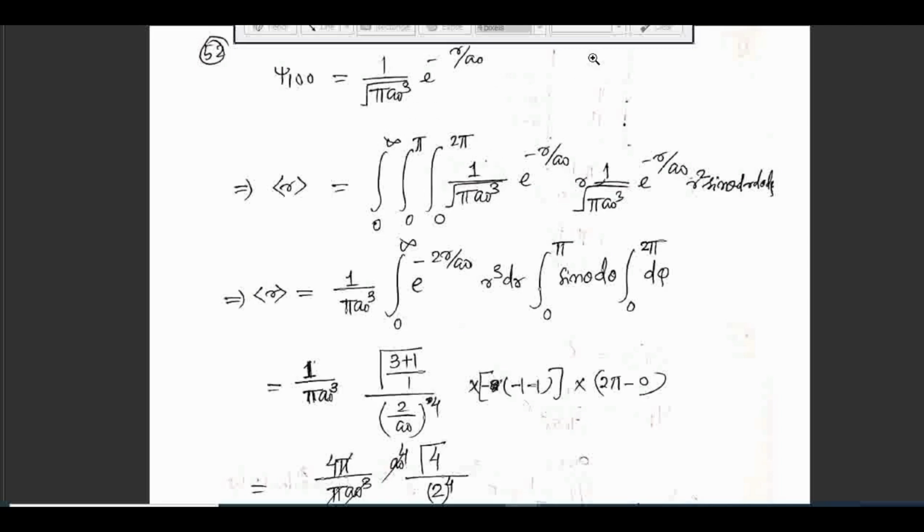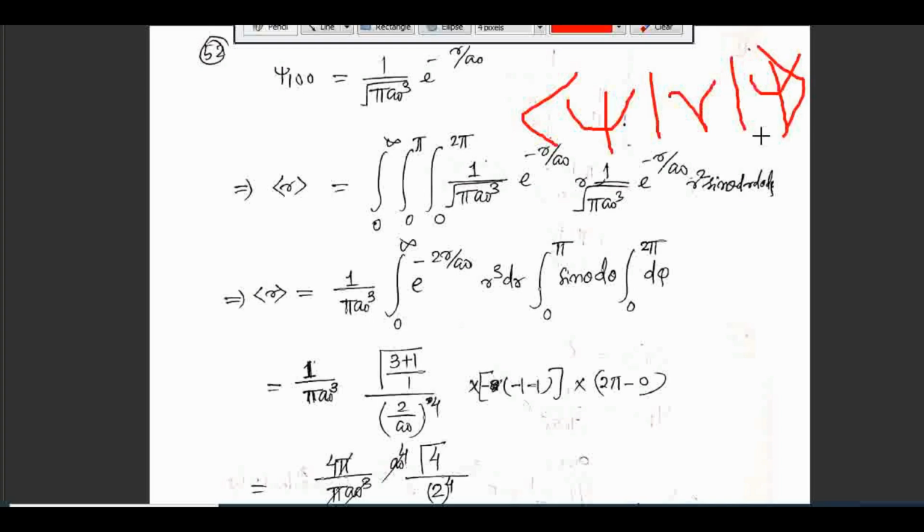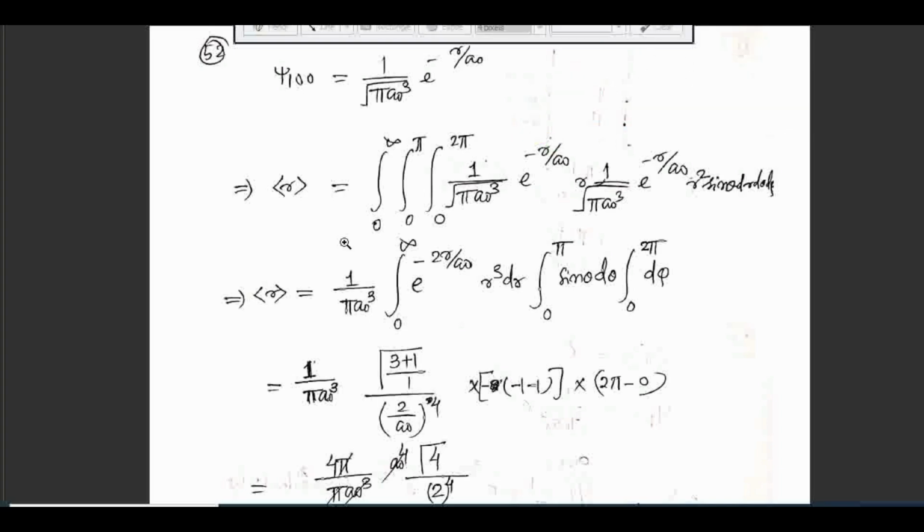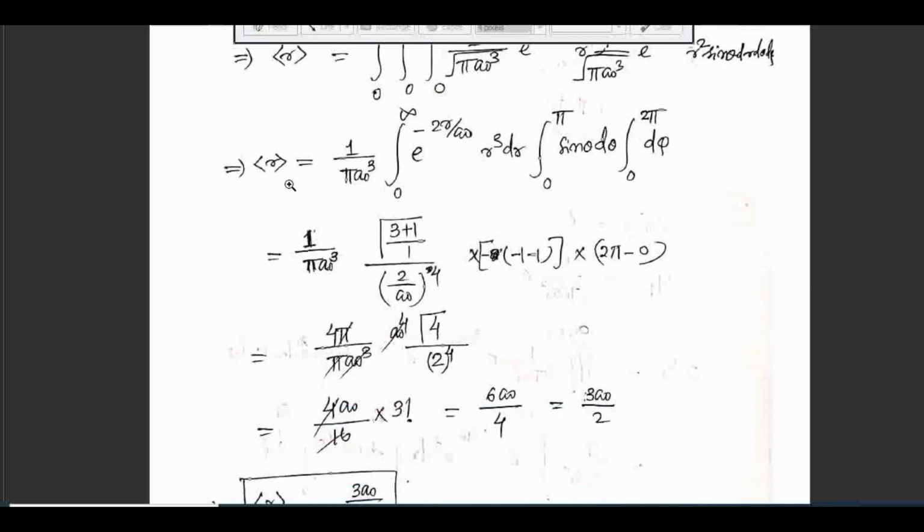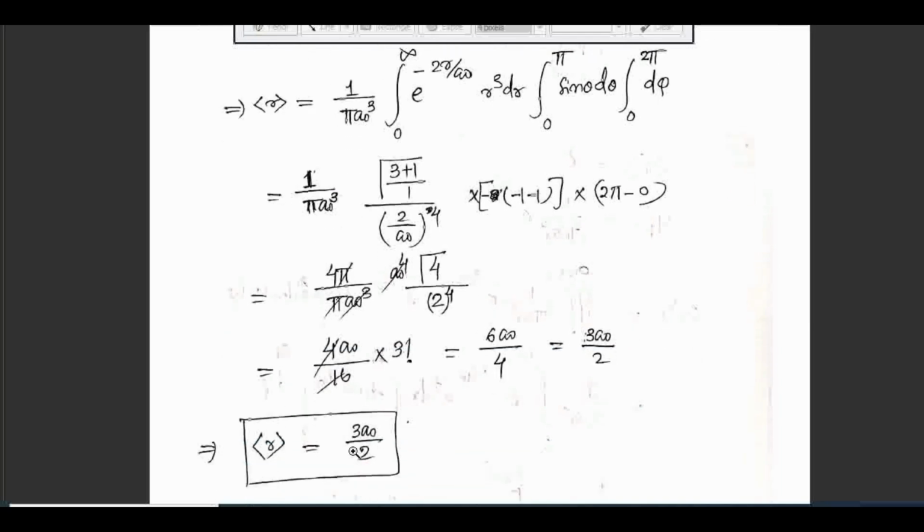If you apply the expectation value, that is bra psi r ket psi, and you do the calculation and apply the gamma function rule here, then you will get the expectation value for the hydrogen atom as 3 a naught by 2.